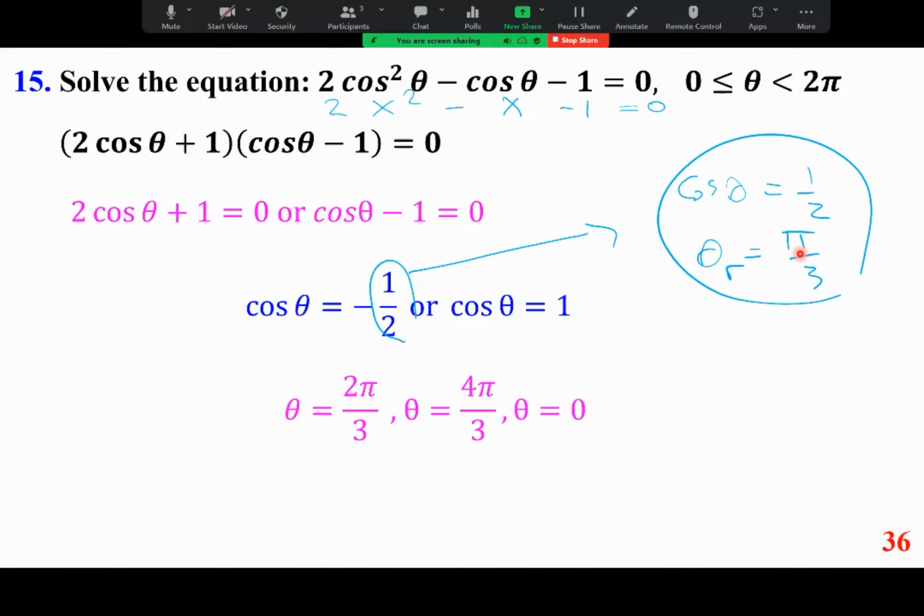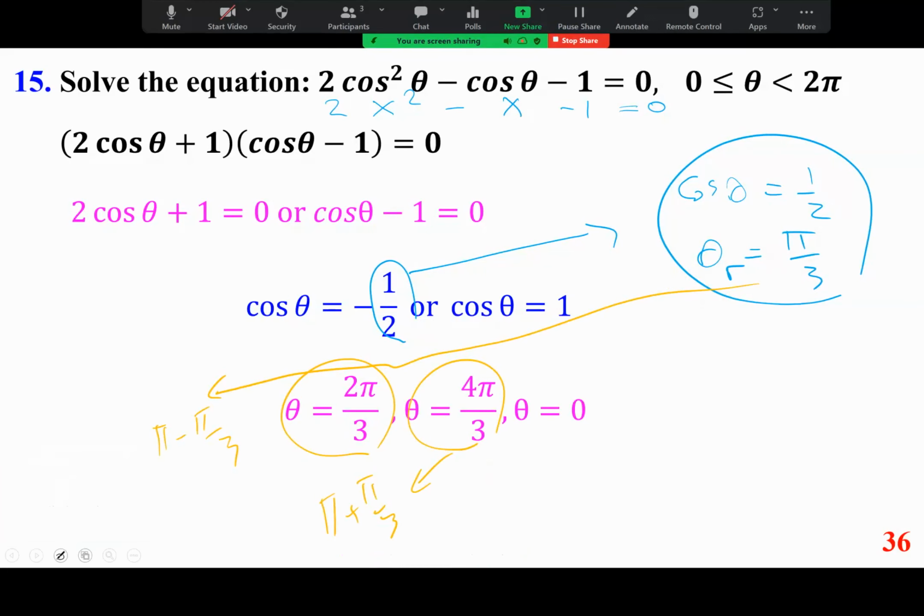Maybe I write it here like this. So this one is pi minus pi over 3. And this one is pi plus pi over 3. Okay. That's how we arrive at the answer. You should be very comfortable with that. So you write all those answers.